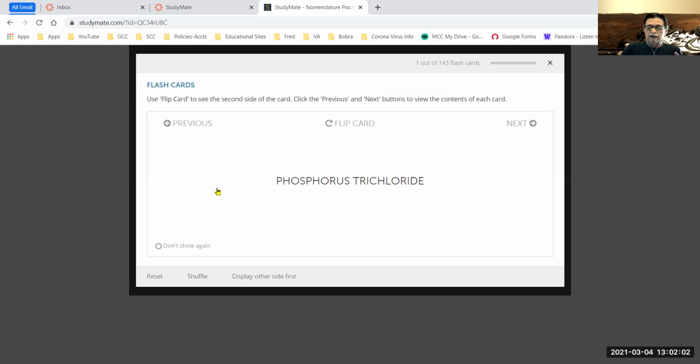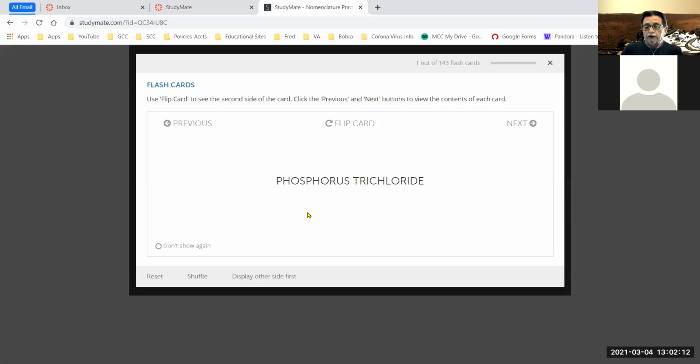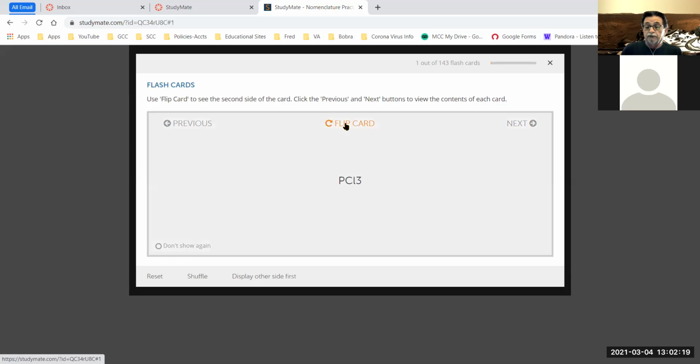Here we have phosphorus trichloride. We're going to talk about the molecular compounds, the covalent compounds, and how to name them. Phosphorus trichloride tells me this is P, 3 chlorides, 3 Cl. I can flip it, and there's the formula. Remember, it doesn't support subscript, so that 3 after the Cl is a subscript.